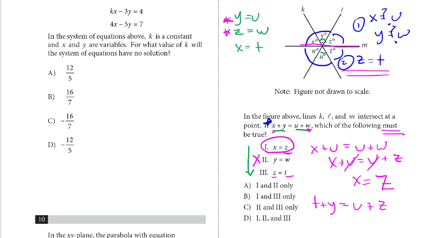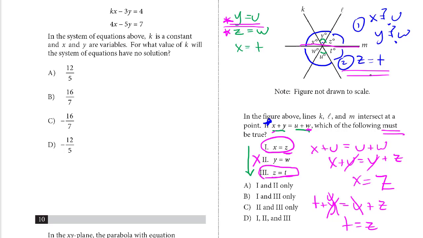We know from that first equation of opposing vertical angles that y equals u. So I'll cross out the u, cross out the y, or substitute u, I could do either way. We'll find the u's are the same. Therefore, they cancel on both sides. T does equal z. So algebraically, we've shown Roman numeral number 3 is also correct.